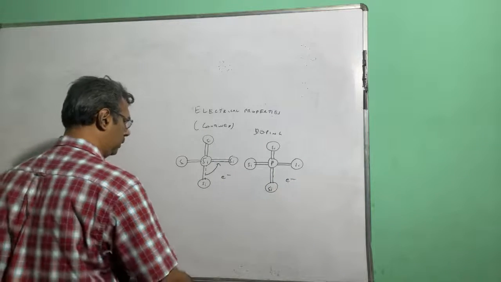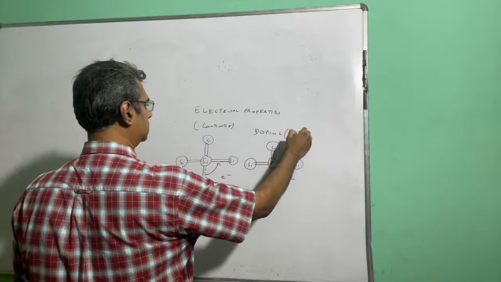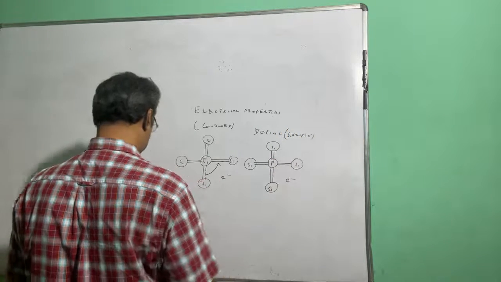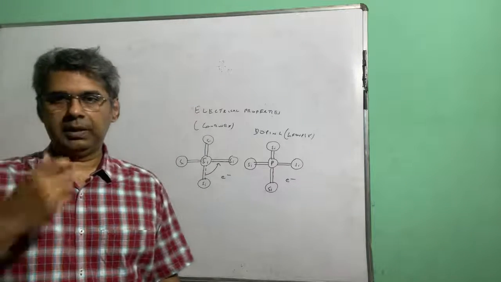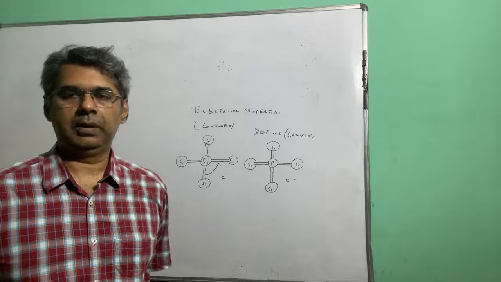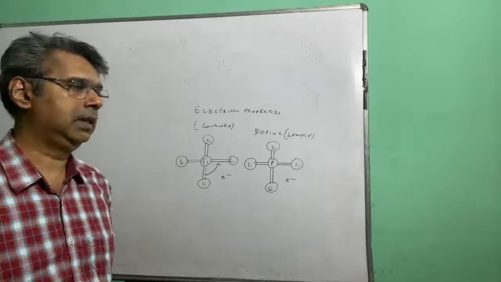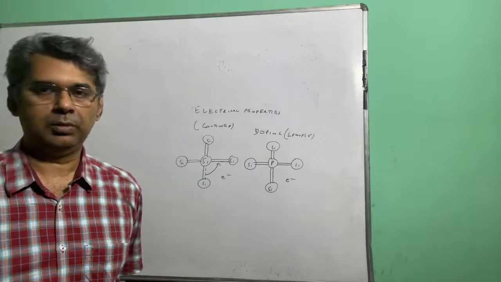So if you take any element which belongs to group 15 of the periodic table, you are aware that all group 15 elements have 5 electrons in the outermost shell.